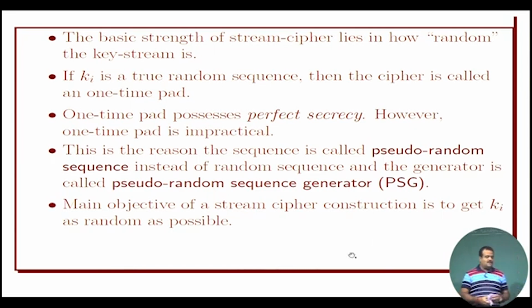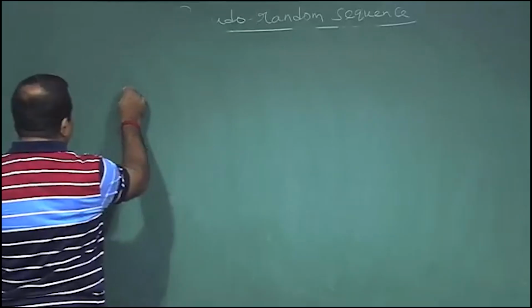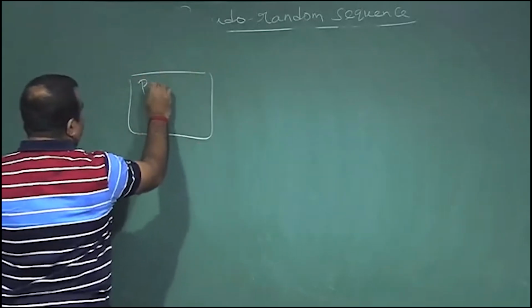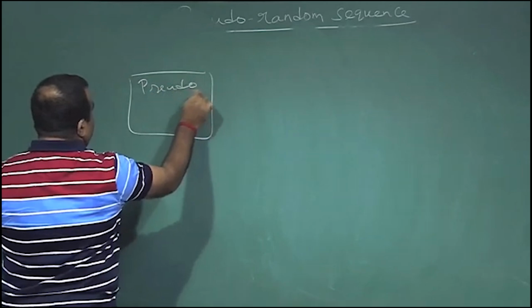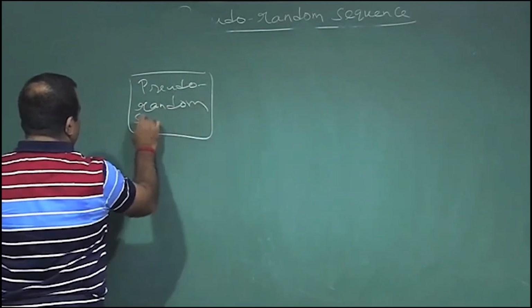So, the main objective of the stream cipher is to construct this keystream as random as possible. So, we have to do some randomness measurement of this sequence. Suppose we have a keystream generator, or we can now say pseudo random sequence generator.